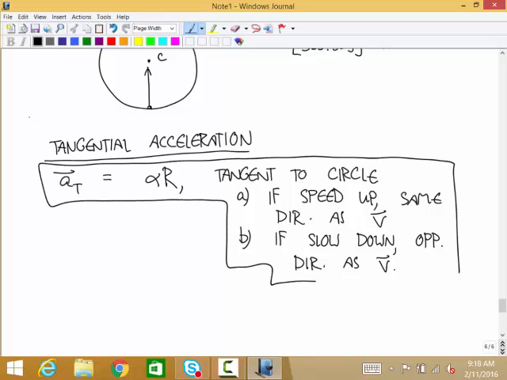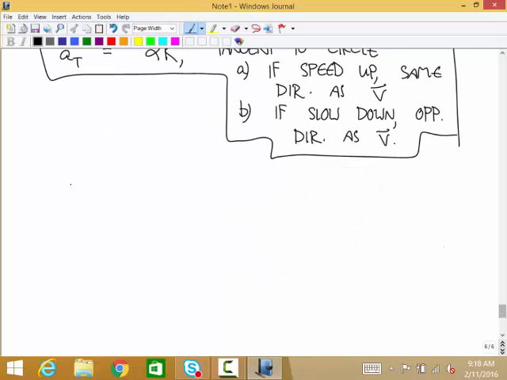So we have these three formulas for the magnitude. Well, I guess we have two for centripetal acceleration. So here's the take-home message. The magnitude of the velocity vector is equal to omega times r.